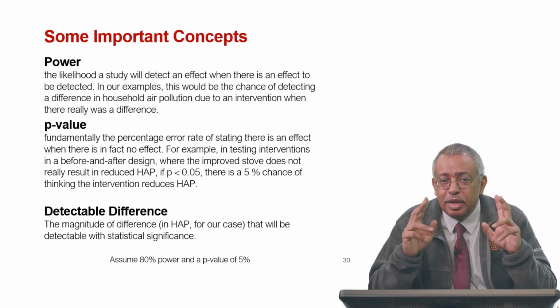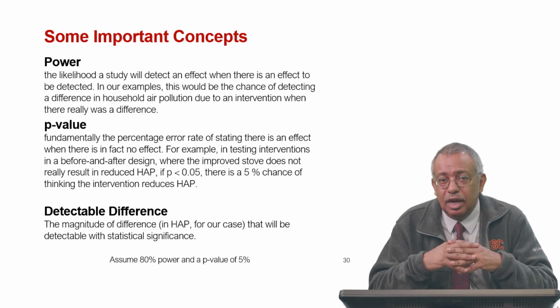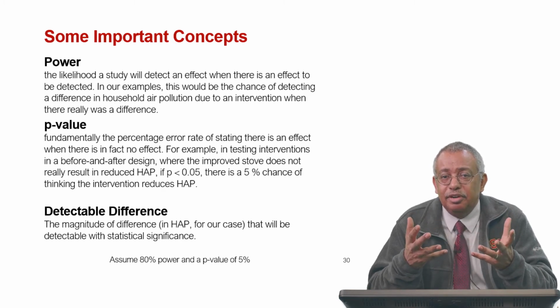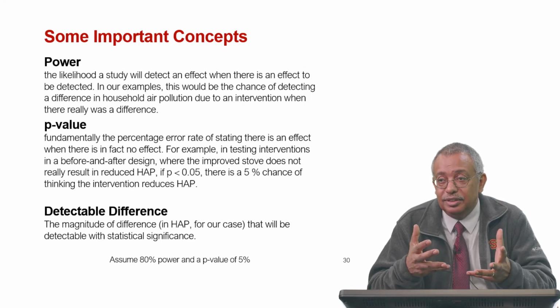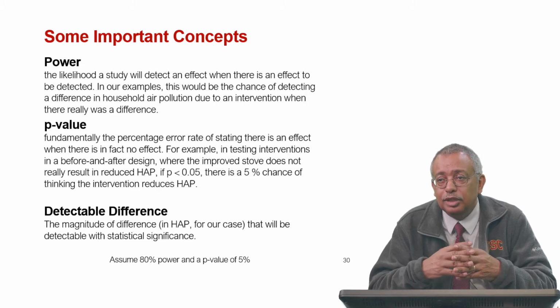There is also this big concept of p-values, which is another complicated concept. It's fundamentally the percentage error rate of stating that there is an effect when there is in fact no effect. So this is kind of an error, and this is where you control what we call type 1 error, which I'll come back to later.